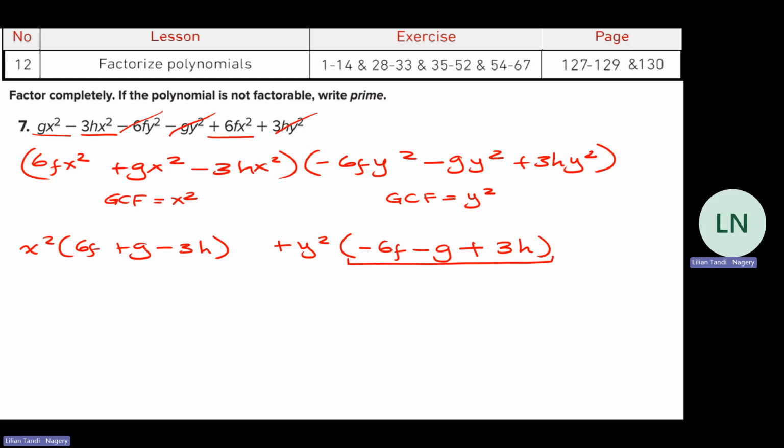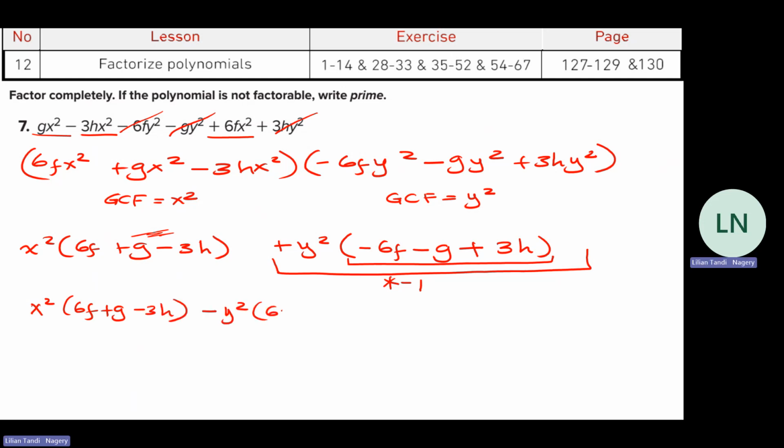This is not the same as that. And because it's not the same, I have to multiply the whole of this part with a negative 1. So I'll have here x squared (6f plus g minus 3h) minus y squared (6f plus g minus 3h).